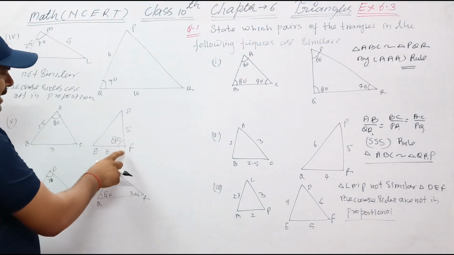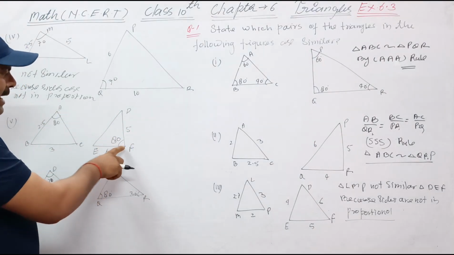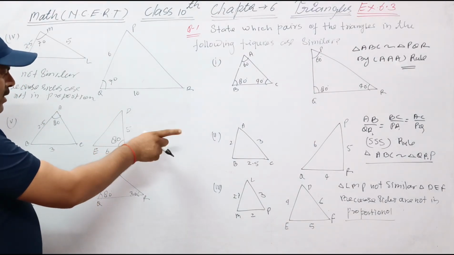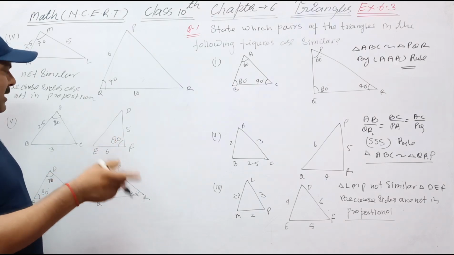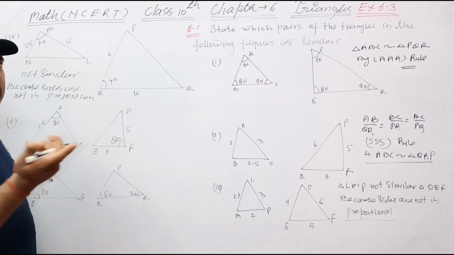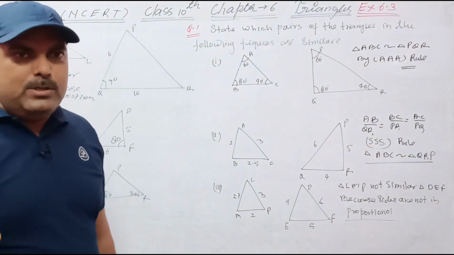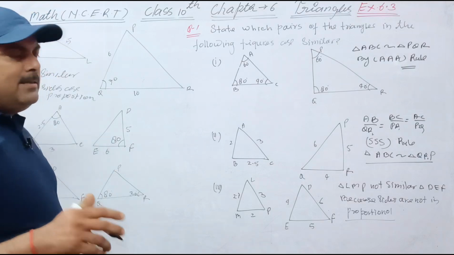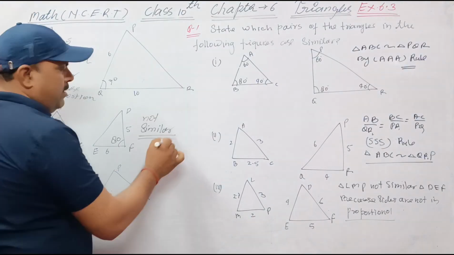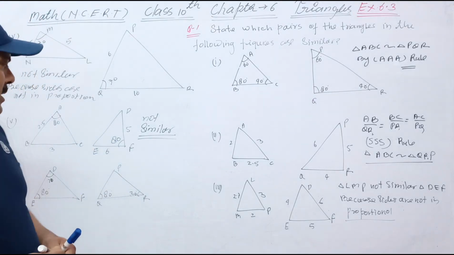But in triangle DEF, both the corresponding sides which make the angle F, DF is equal to 5 and DE is equal to 6. But in triangle ABC, AB is 2.5 and AC is not given. That is, the corresponding sides are not proportional, so the given triangles are not similar.